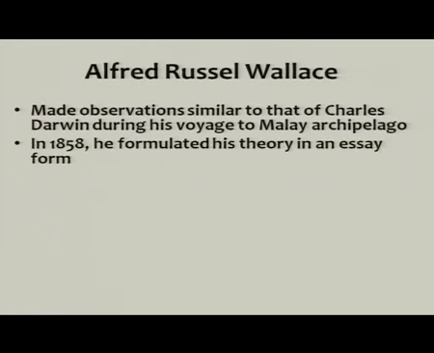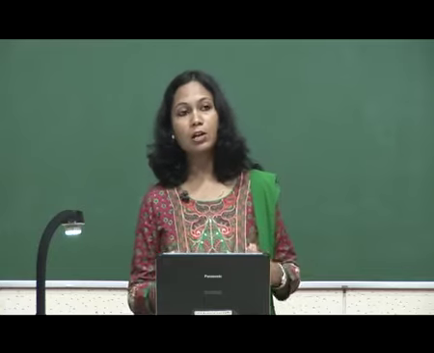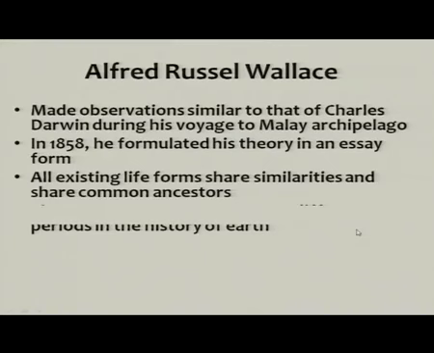In 1858, he formulated his theory in an essay form, and the main point of his essay was that all existing life forms share similarities and share a common ancestor. All the existing life forms have similarities among themselves as well as similarities with the ancestor, and all have come from common ancestors.